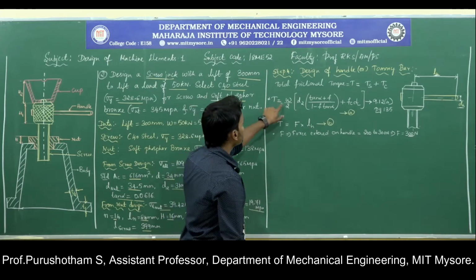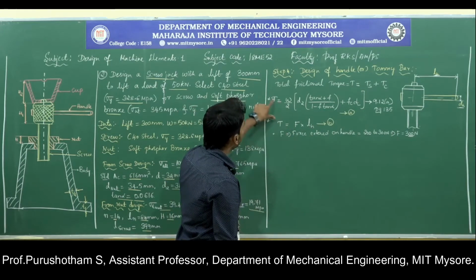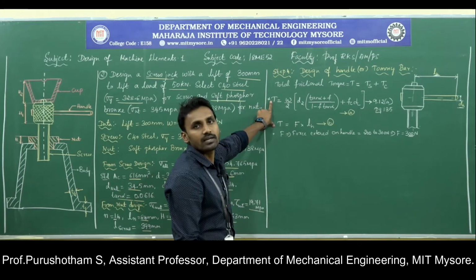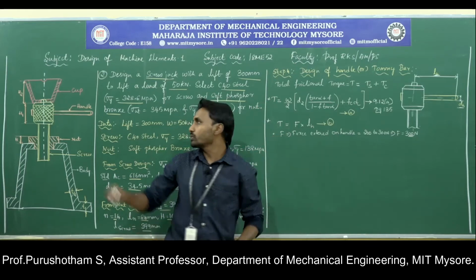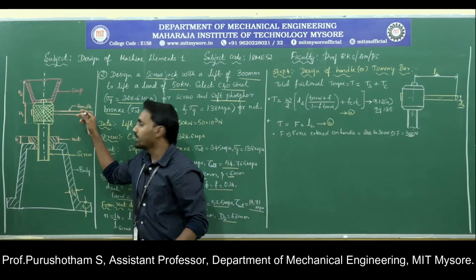Now, if you observe equations A and B, the LHS of the equations are the same. This is the total frictional torque, and this is the torque induced due to the force exerted on the handle.